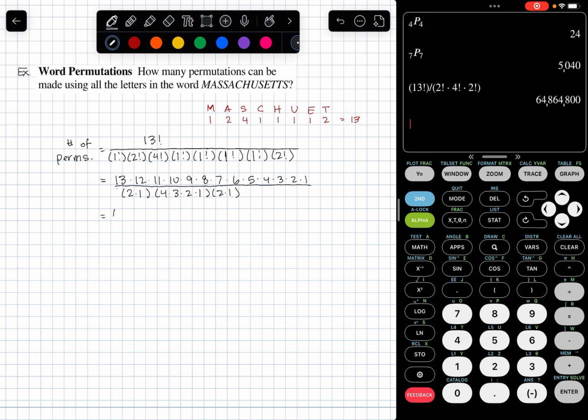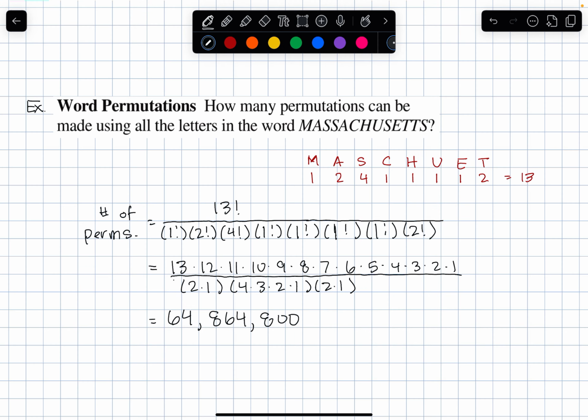And we get 64,864,800 different orderings of the letters in the word Massachusetts.